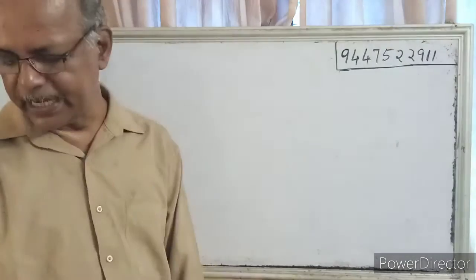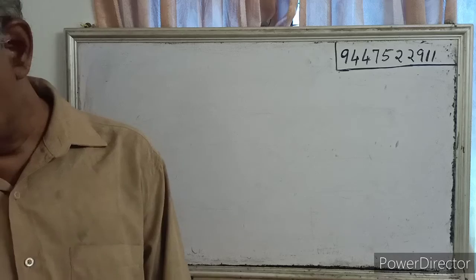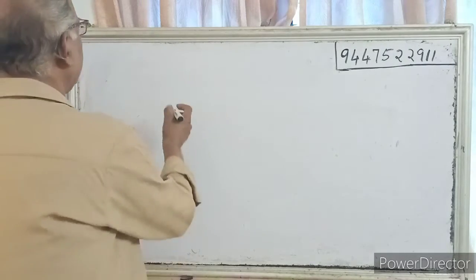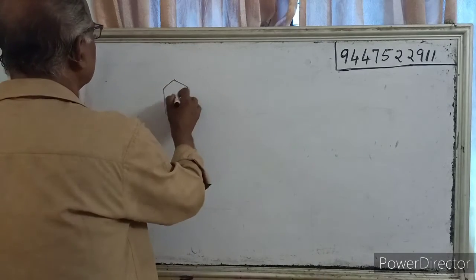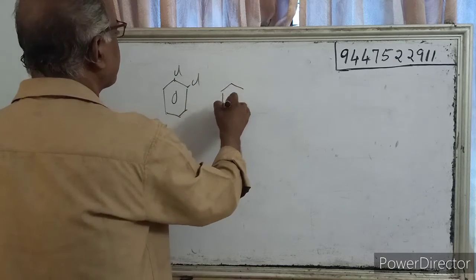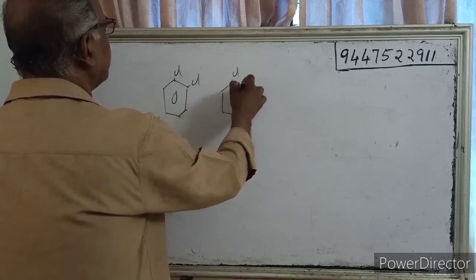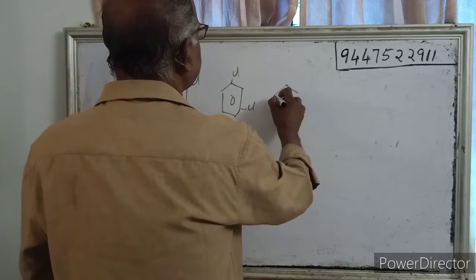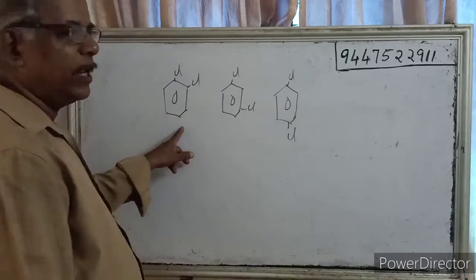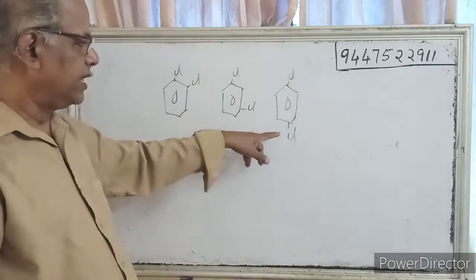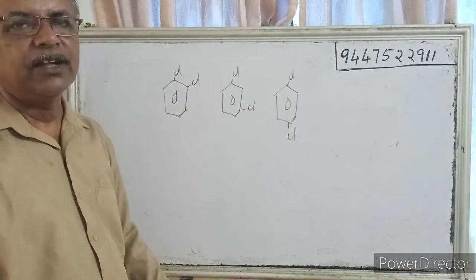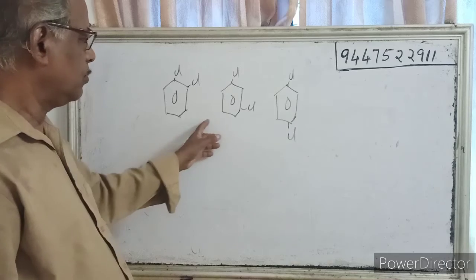Next, we have to study some reactions. When you compare the dihalides, for example, orthodichlorobenzene, metadichlorobenzene and para-dichlorobenzene, three compounds, the melting point of para-dichlorobenzene will be higher than that of ortho and meta.